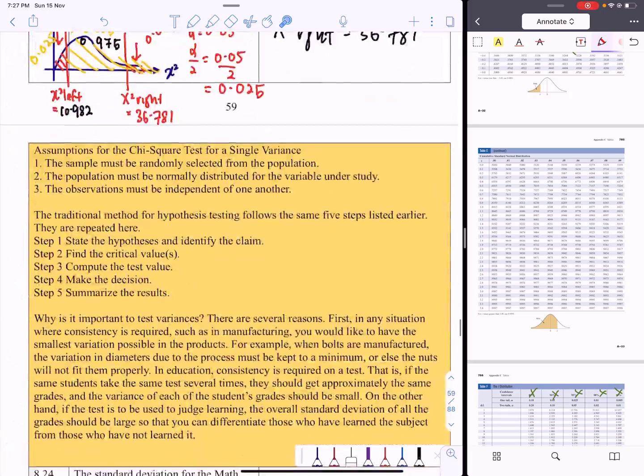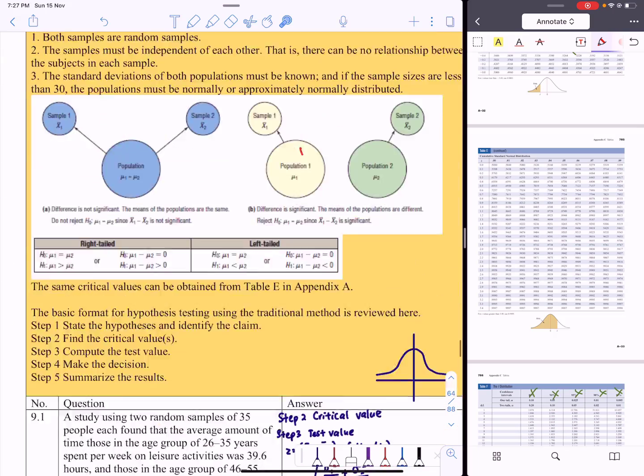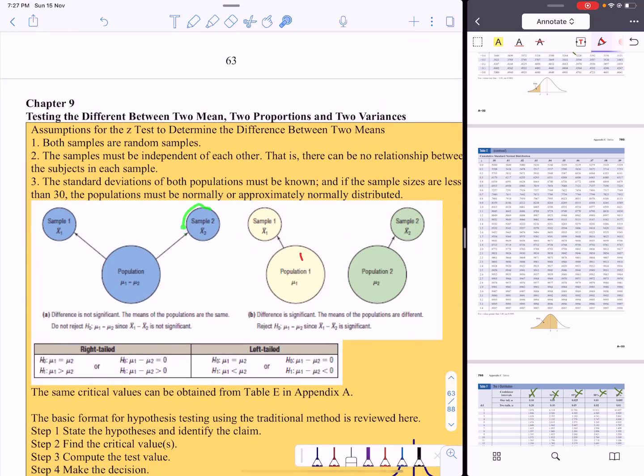But for chapter 9, we have two samples. From these two samples, we want to investigate whether they are similar or not.